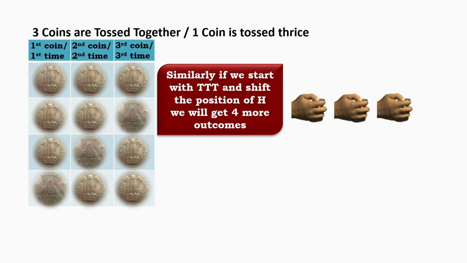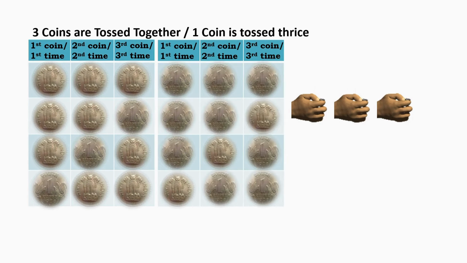Now earlier we started with all three as head. Now similarly we start with all three as tail and shift the position of head, and then similarly we will get another 4 outcomes. So let us take a look. Now in the second table, you can clearly see that in the first row we get tail for all three coins.